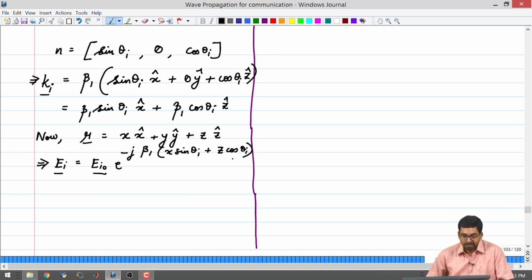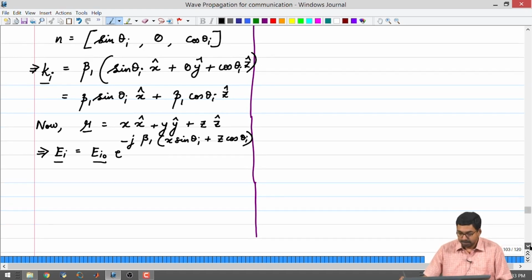So, this would be the expression for the electric field of the incident wave. Given a configuration, you should now be able to systematically write down the expression for a plane wave electric field going in an arbitrary direction towards the interface. That part should be clear by now.